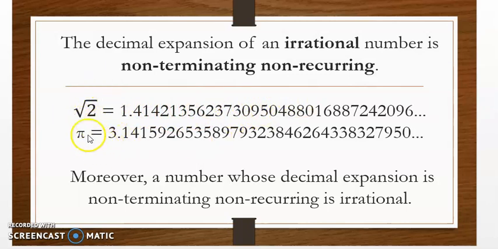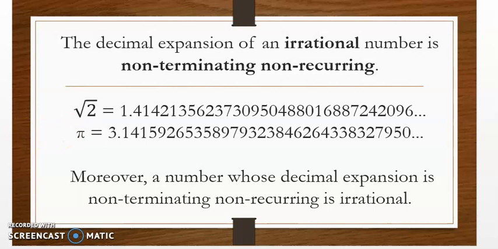Examples are root 2 and pi. This is true for all irrational numbers. So if we find any number whose digits after the decimal point are non-terminating and do not repeat in any pattern, then that number will surely be an irrational number.